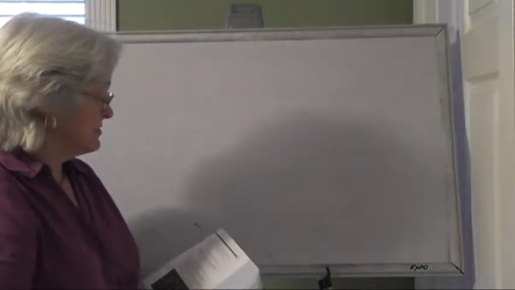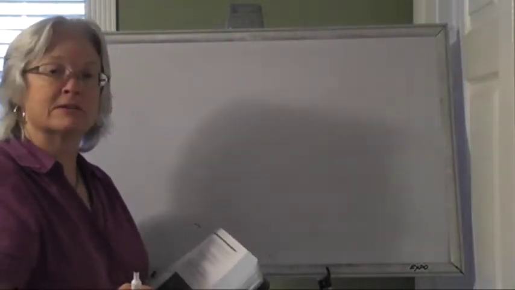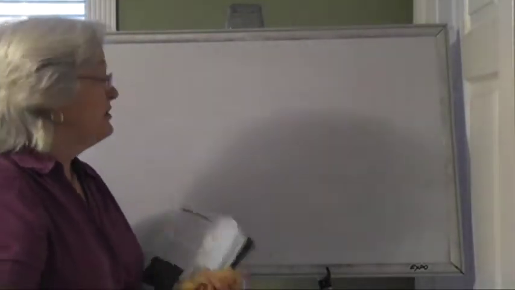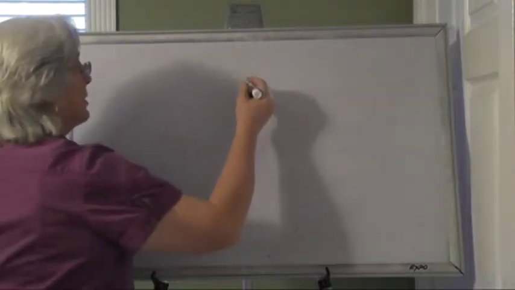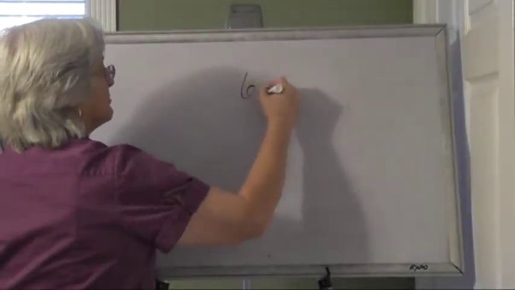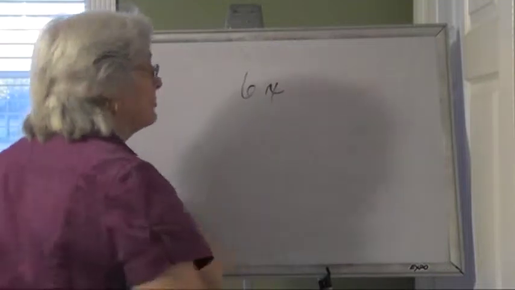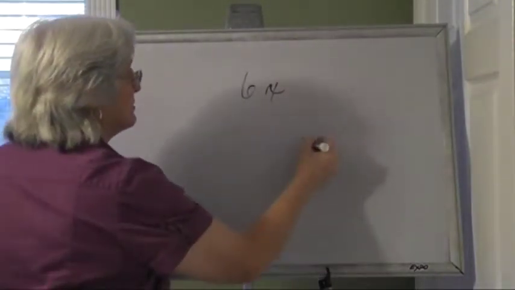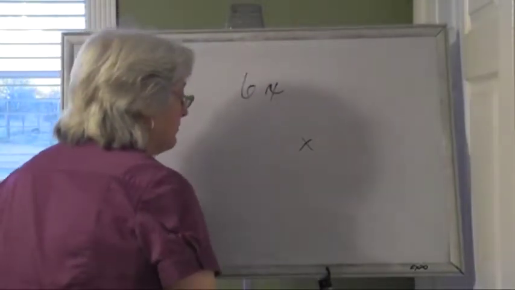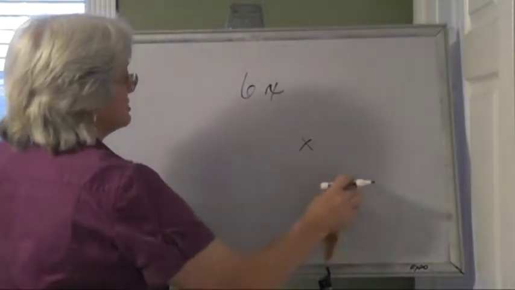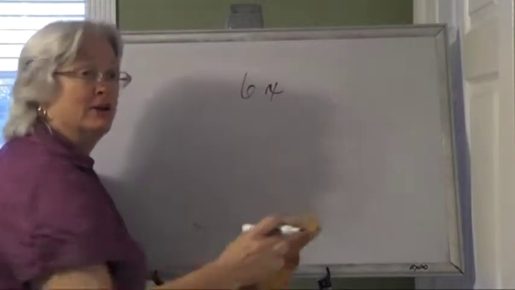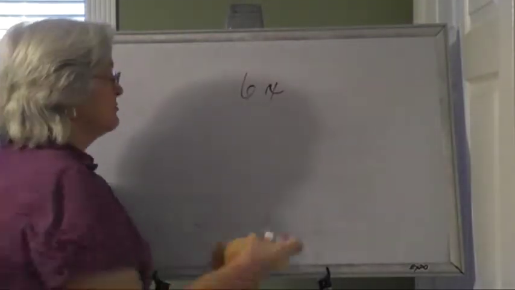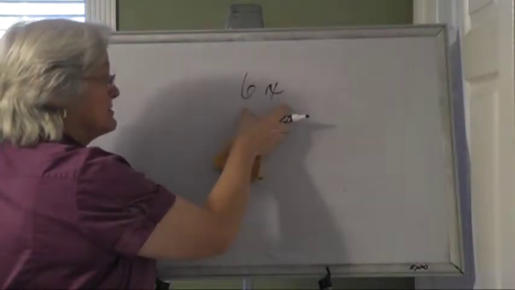What it says is, write an equivalent expression for 6x using the commutative property. So if we have 6x, and remember to be writing your x using a cursive type of x, so that there's no danger that you're going to be confusing it with an old multiplication symbol. So we learned that 6x is really saying 6 times x.